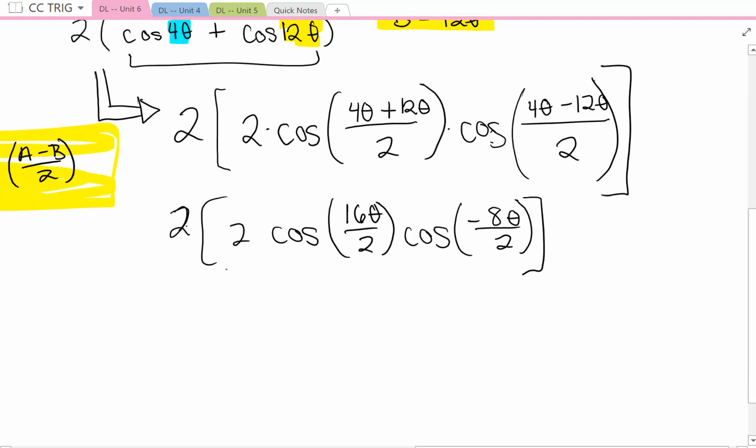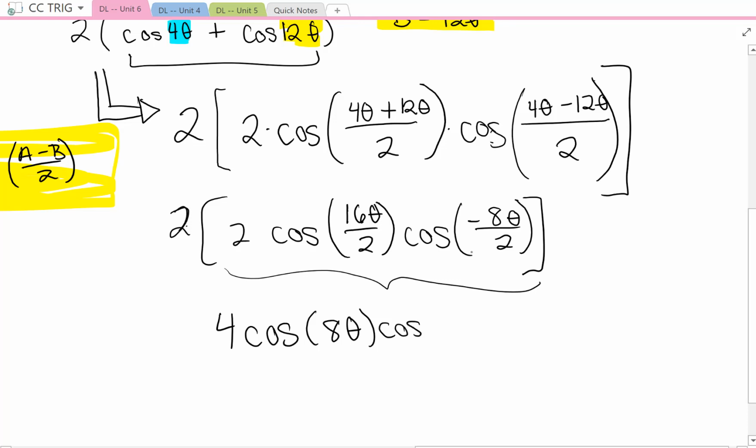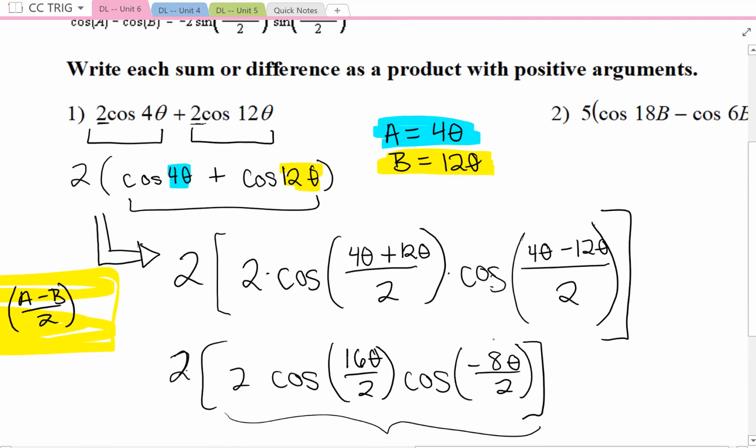This 2 is being multiplied by this bracket, but everything inside this bracket is a product, so there's no distributing needed. We'll just simply multiply 2 by this 2 in the front. 2 times 2 is 4 times the cosine of, reduce this fraction, 8 theta times the cosine of negative 4 theta.